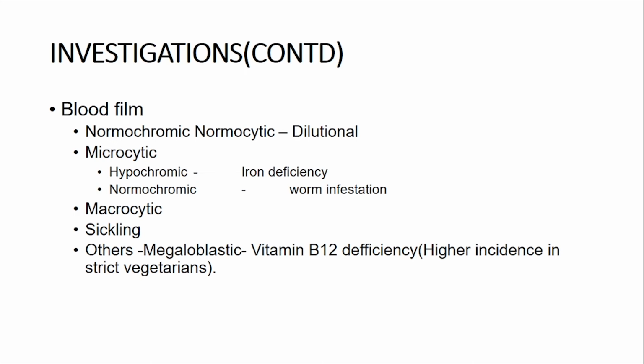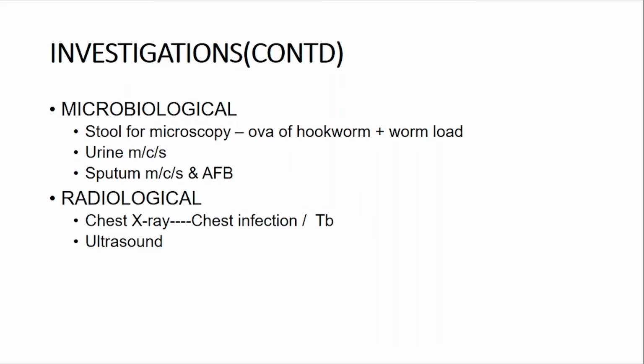Macrocytic features will be suggestive of vitamin B12 deficiency, and sickling is also a finding which could be suggestive of hemoglobinopathies, especially sickle cell disease. And also others like megaloblastic, which can be seen in vitamin B12 deficiency, which is of a higher incidence in the strict vegetarian. Also, microbiological investigation is important.